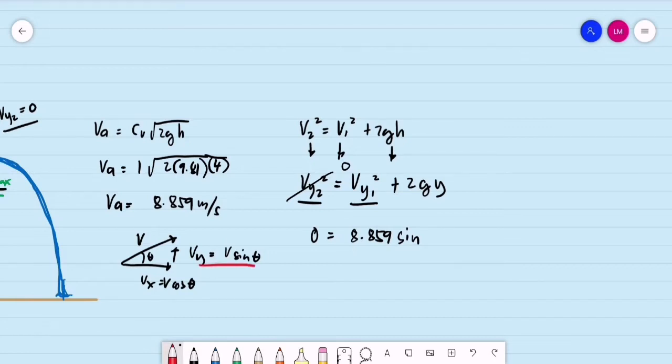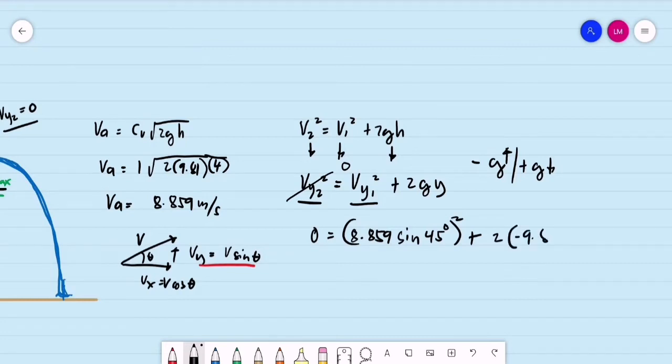So, the sine of, the inclination is 45 degrees. 45 degrees, quantity squared, plus, yung sign convention ko sa g kapag pataas, this is negative. Kapag pababa naman, i-assume ko siya na positive. Pero sa akin lang yon. So, sa ibang reference, hindi ganun yung ginagawa. So, plus 2 times negative 9.81, y maximum.